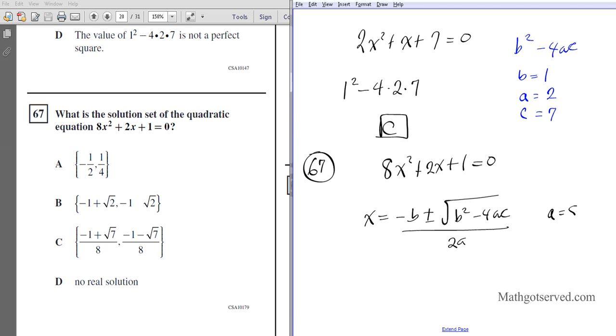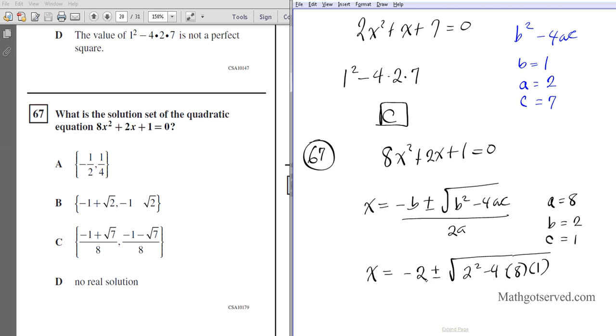So a is 8, b is 2, and c is 1. Plugging it in, we have negative 2 plus or minus the square root of 2 squared minus 4 times 8 times 1, over 2 times 8.